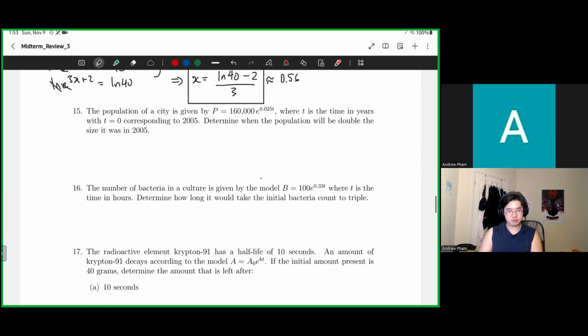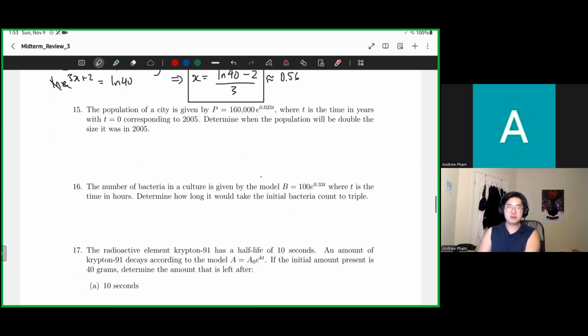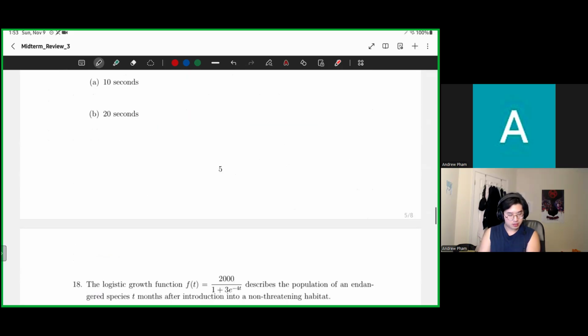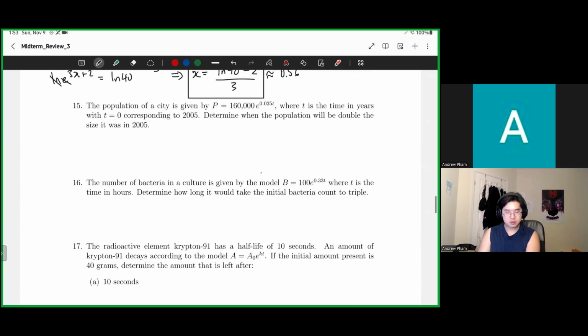All right. Problems 15, 16, and 17 are going to be application problems. Oh, and 18 as well. So we want to read the directions carefully. For 15, the population is given by this function P, where t is time in years, with t equals 0 corresponding to 2005.